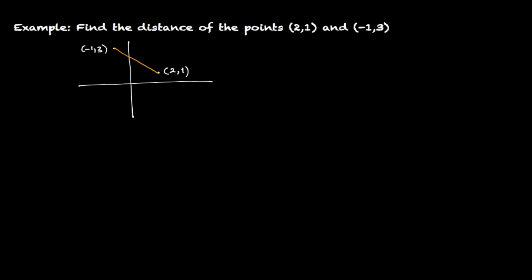Okay. Now let's find the distance between the points (2, 1) and (-1, 3) by using the distance formula that we obtained. So we have these 2 points, (-1, 3) and (2, 1) here. What was the distance formula? Let's recall it here. d equals the square root of (x2 minus x1) squared plus (y2 minus y1) squared.